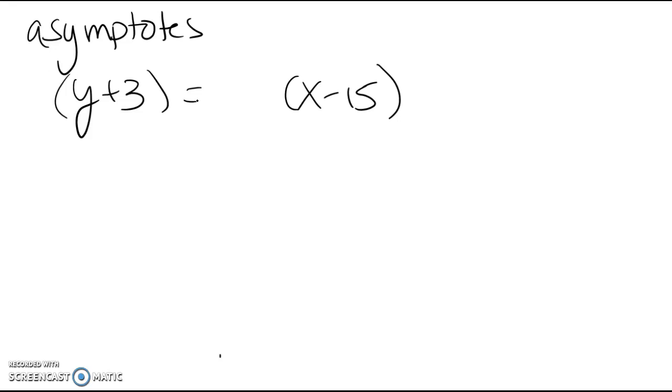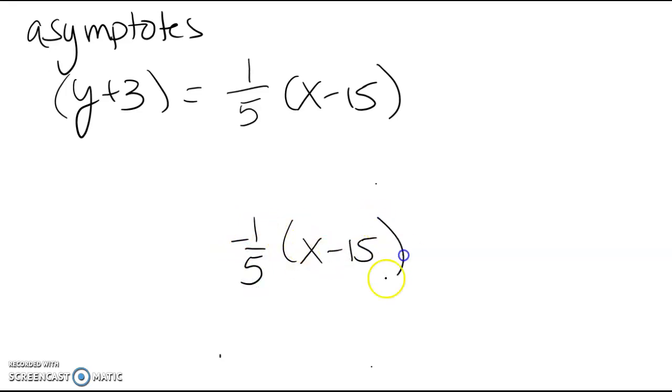So our slope, we said that the y was 1 and the x was a change of 5 in each direction. And then we're also going to have a negative 1/5, because we're going in both directions, positive and negative.